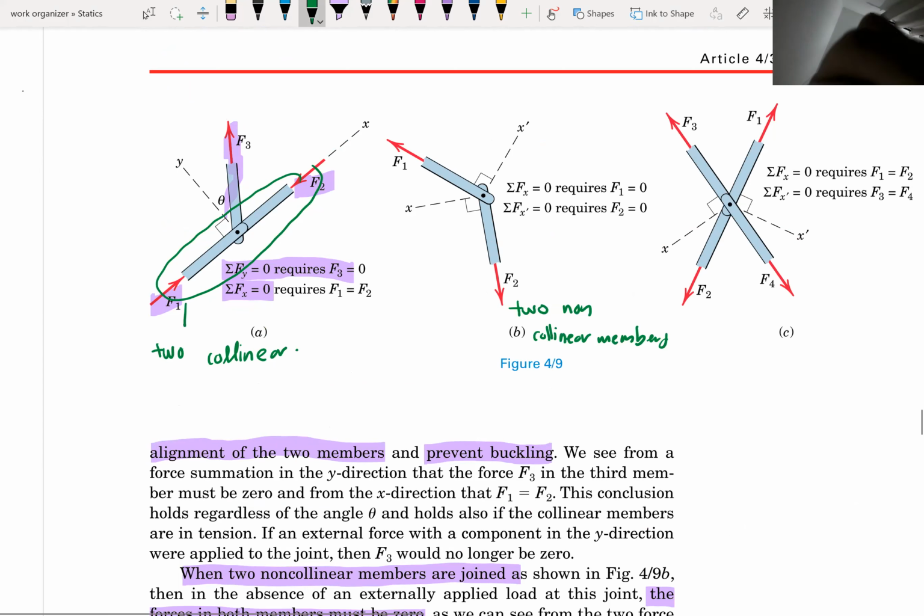Here is summation of Fx equal to 0, so this F1 should be equal to 0. And for summation of Fx prime equal to 0, F2 should be equal to 0.